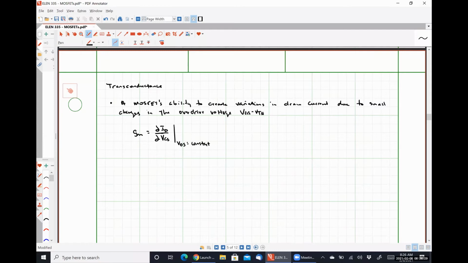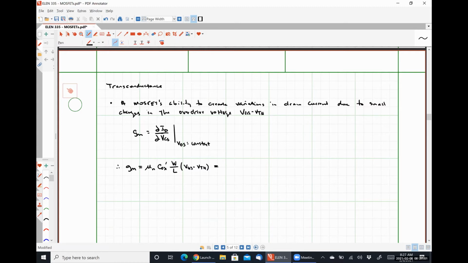All right. So using this definition, we can find that our transconductance is mu n C ox W over L VGS minus VTH.